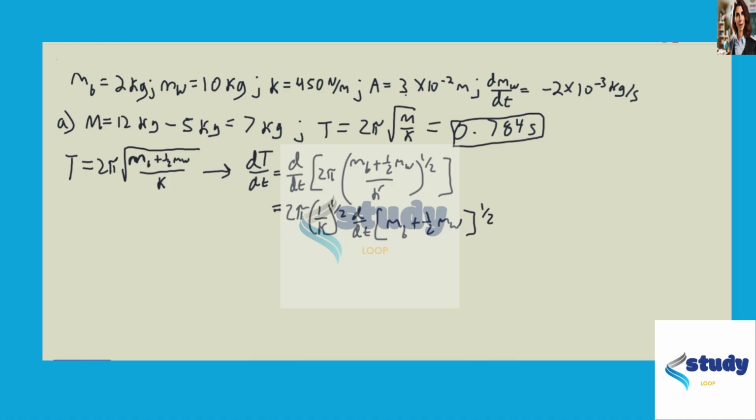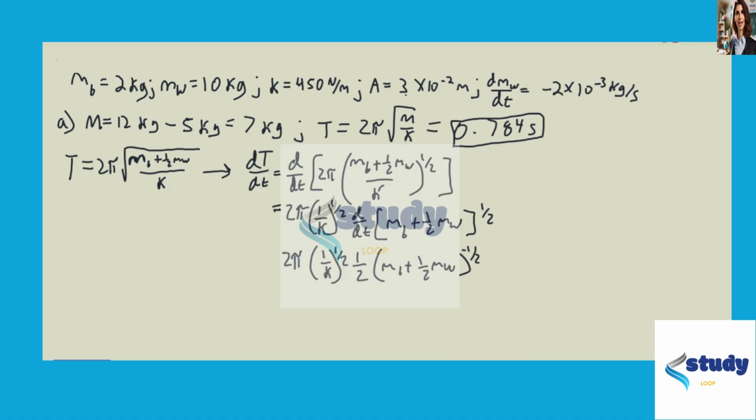All right, now let's do this derivative. 2 pi times 1 over k to the 1/2. We take a 1/2 down from the square root, and we have (mb plus 1/2 mw) to the negative 1/2.